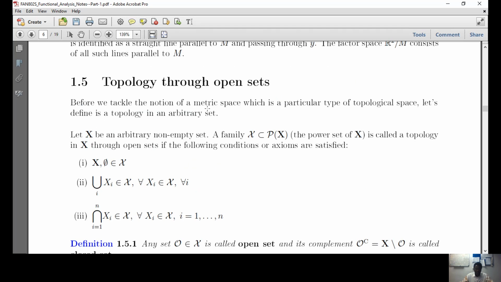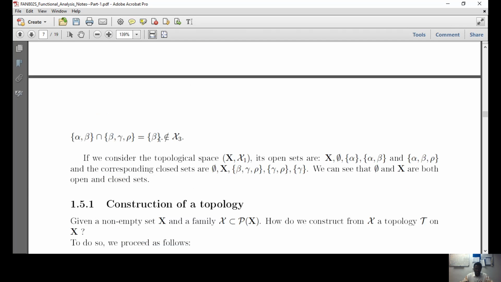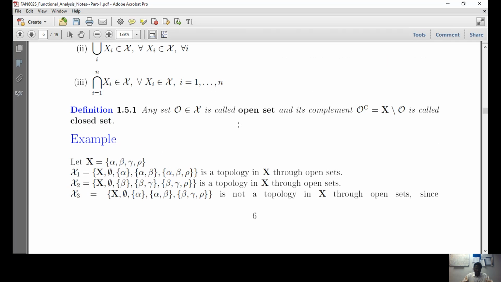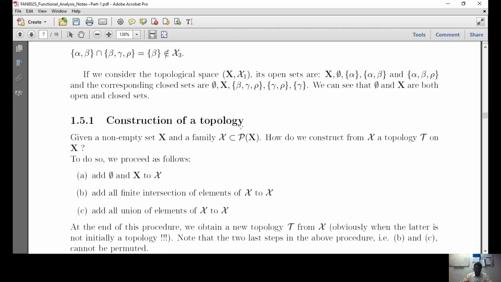So we went through this and we saw how you can identify that a family of subsets is not a topology through open sets. So we identified some cases here.